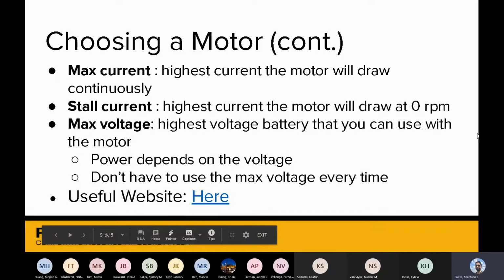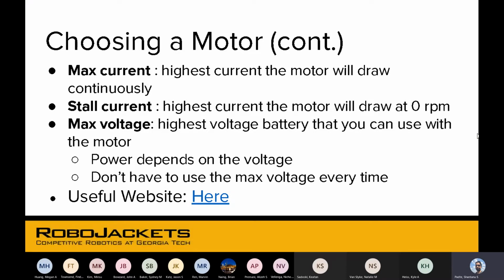Max current is the highest current that the motor will draw continuously. Stall current is the highest current the motor will draw at 0 RPM. If your motor is not moving and your current is stall current, you could end up damaging the motor.